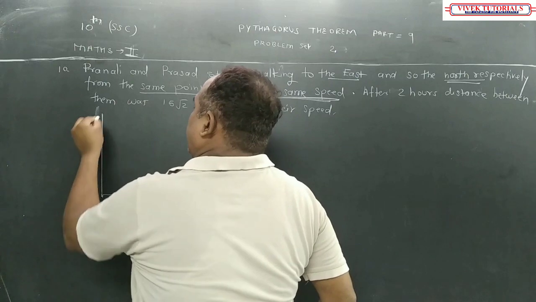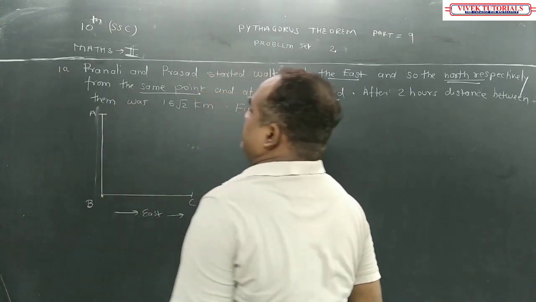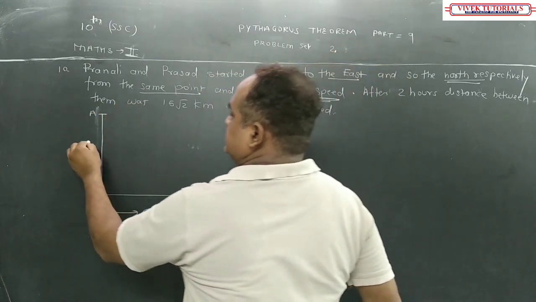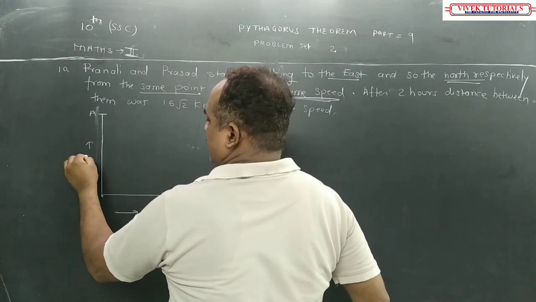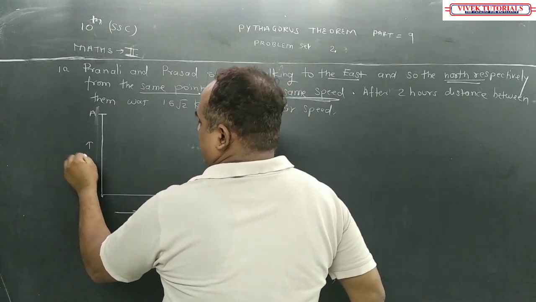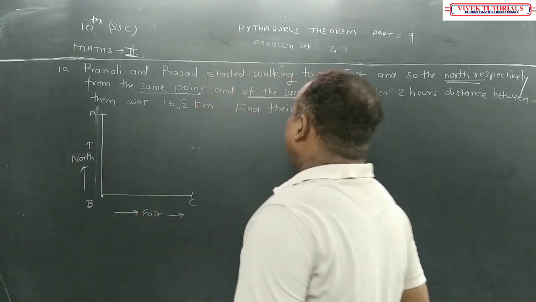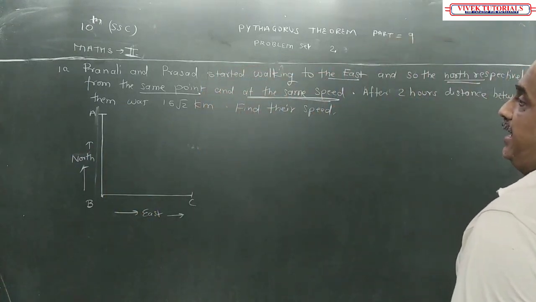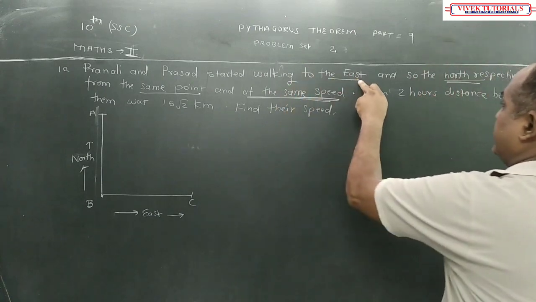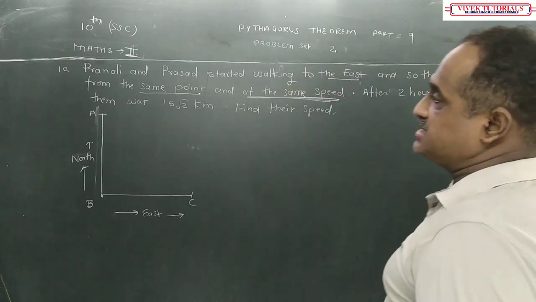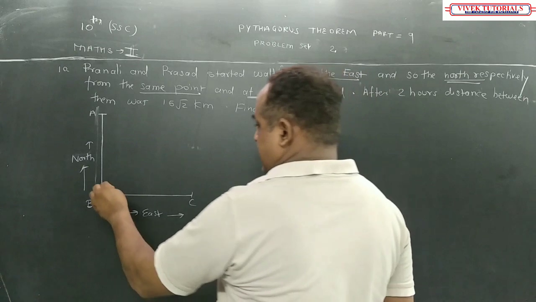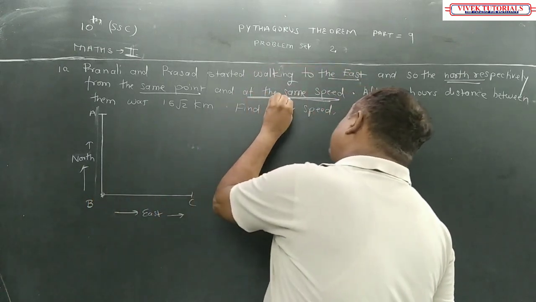This is A, where Prasad has reached. Sorry, this is north, as per the rule of the map. They started walking toward the east and towards the north respectively, from the same point with the same speed.